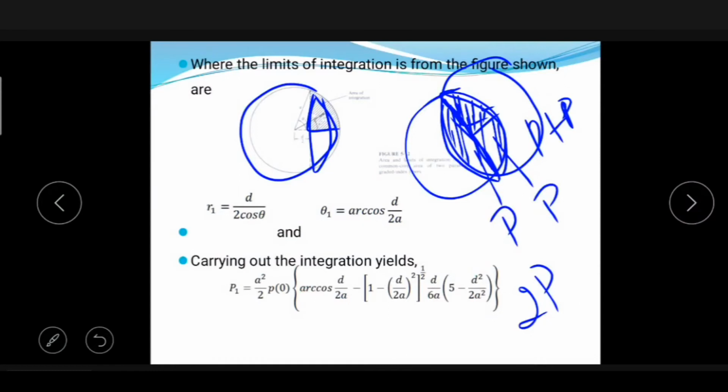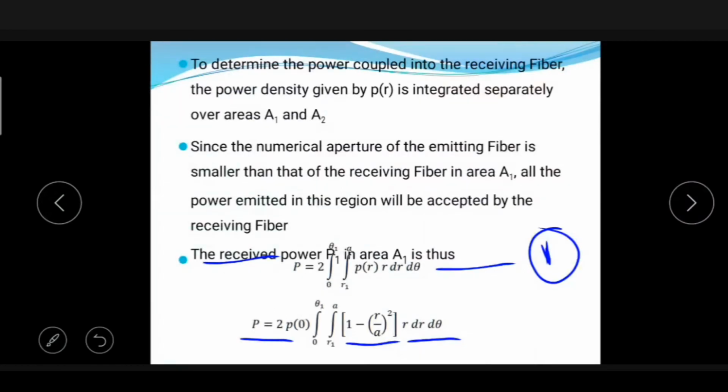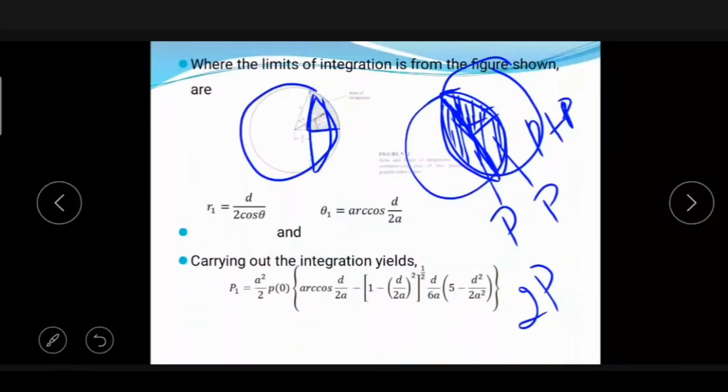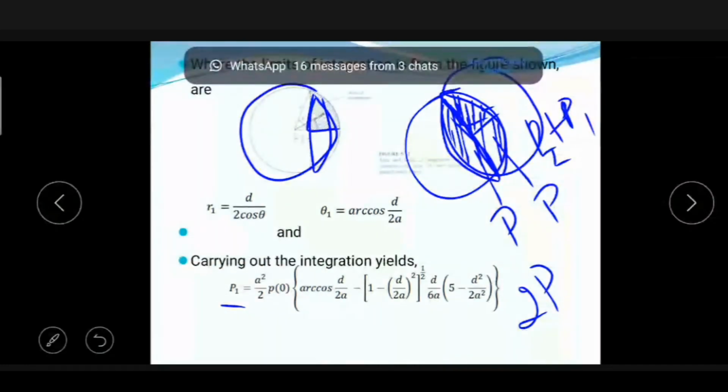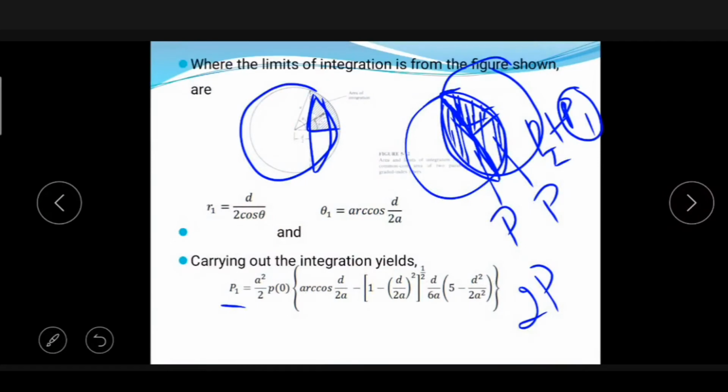So I will carry out integration. Again, integration you have to do. So this results in P1. P1 indicates the power in area 1, and P2 indicates the power in area 2. Instead of calculating P1 and P2 separately, I will find the power in area A1, which gives me P1.